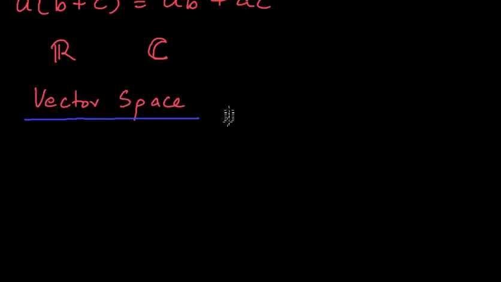Let V be a vector space, and let u, v, and w be elements of the vector space V. Then in order to be a vector space, it should satisfy the following properties.